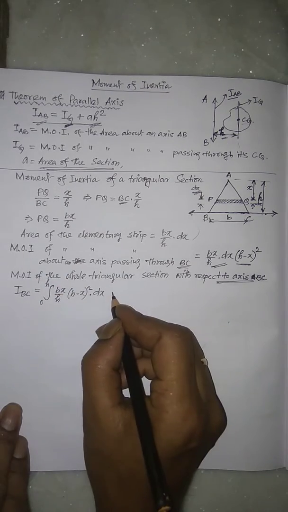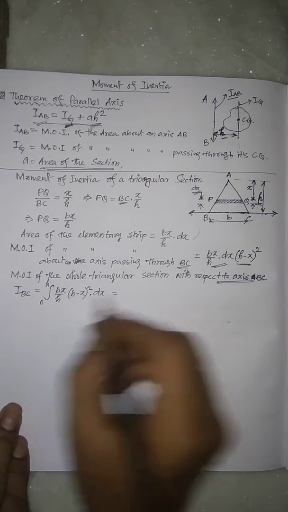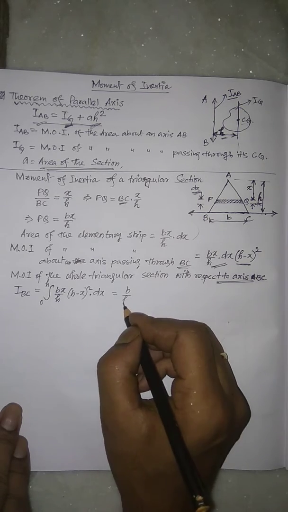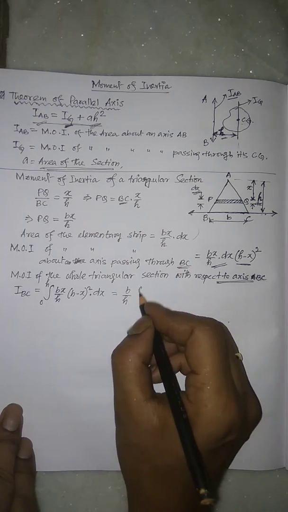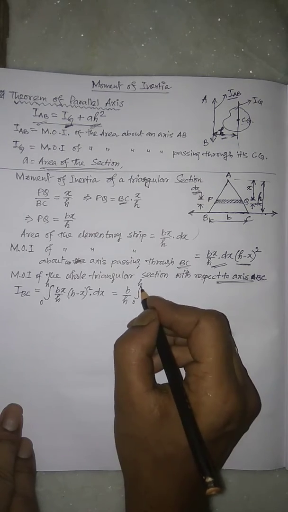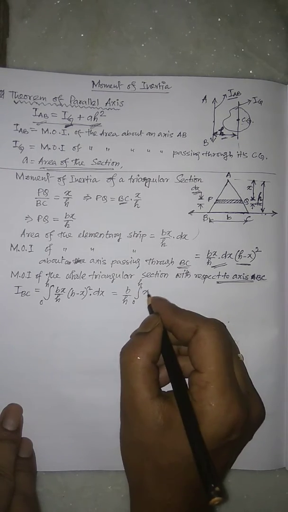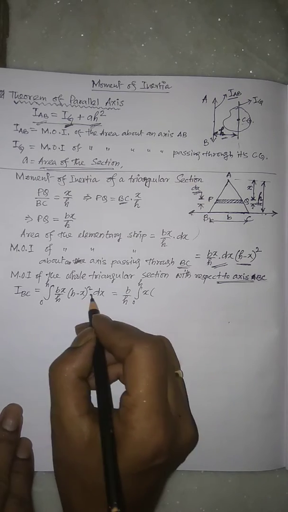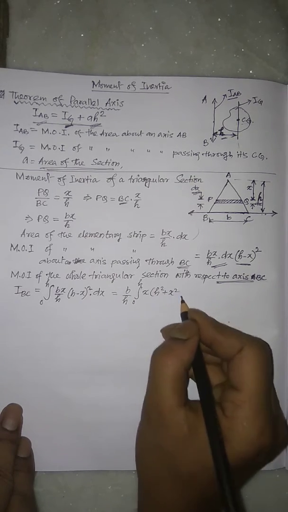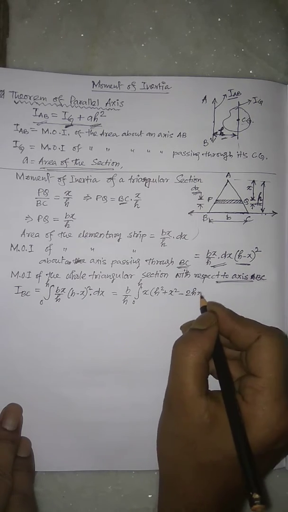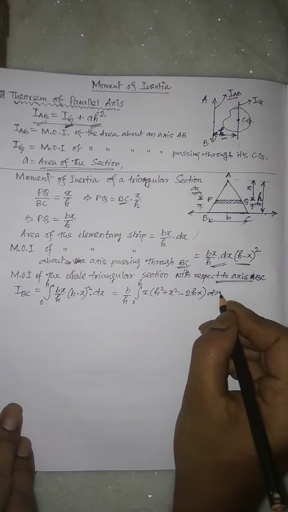So it should be equal to b by h, which is the constant, and the integration with limit 0 to h of x into (h minus x) square, which is h square plus x square minus 2hx, dx.